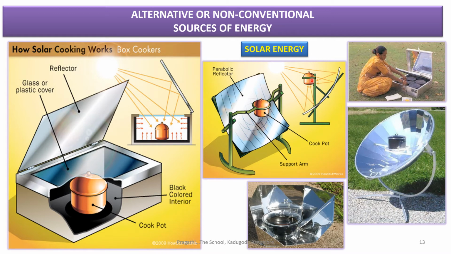It gets heated up and the food inside will get cooked very easily. And this one you can see is a concave reflector similar to a parabolic reflector. All the rays falling on the concave reflector are reflected back at the focal point where the food will get heated up.